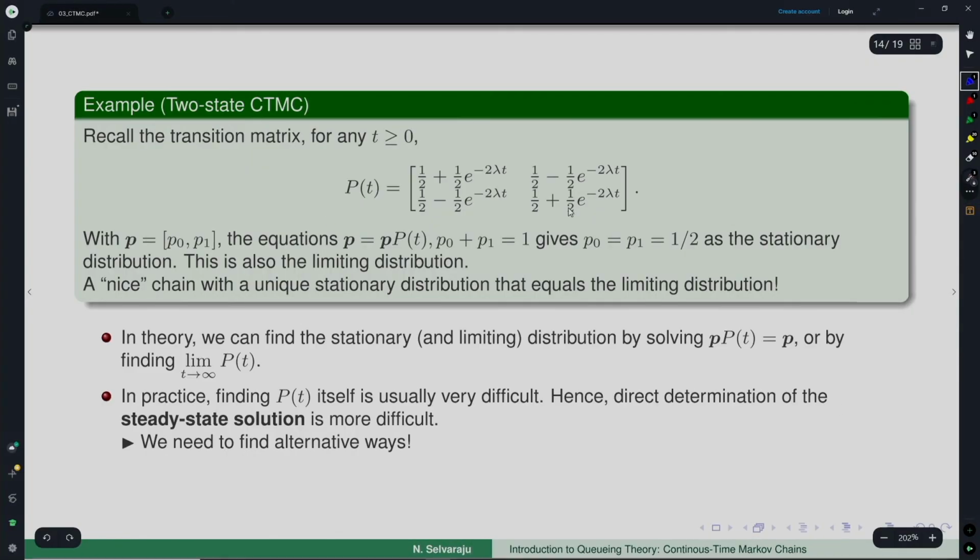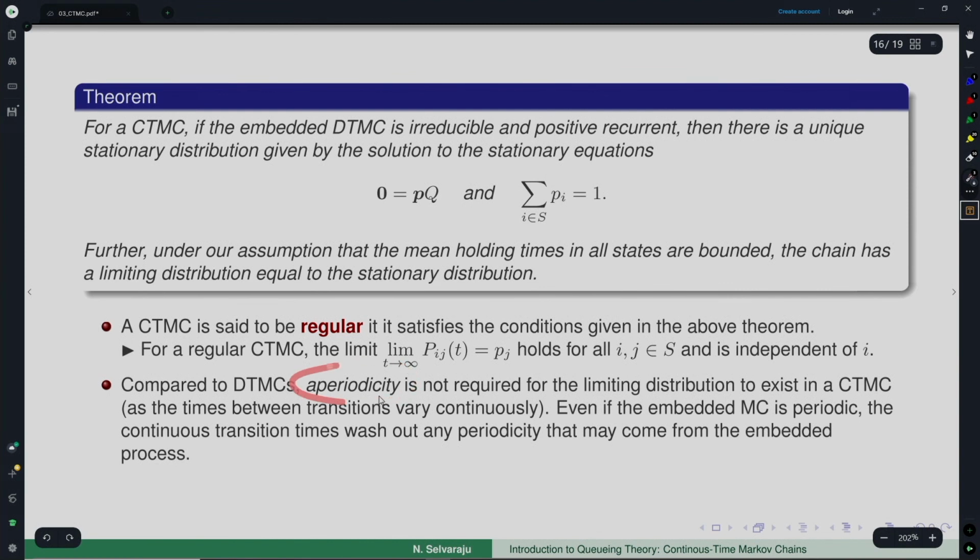We have already seen an example of that nature, which has a period 2 in discrete time, so it does not have a limiting distribution, but in continuous time it has a limiting distribution. So there is no periodicity concept as such for a continuous time Markov chain, because time is continuous, right? So we are not looking at that.